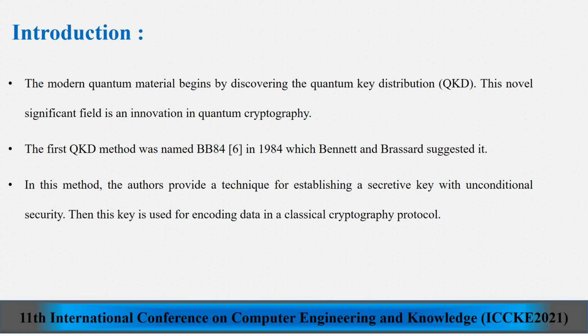For the introduction, modern quantum cryptography began with the discovery of quantum key distribution, or QKD. This significant field is an innovation in quantum cryptography. The first QKD method was named BB84, which Bennett and Brassard suggested in 1984.